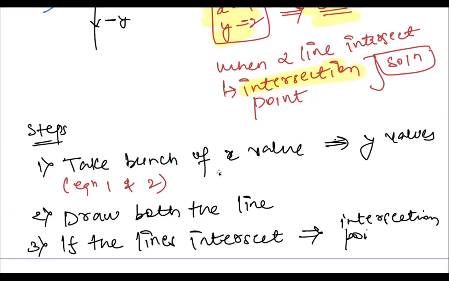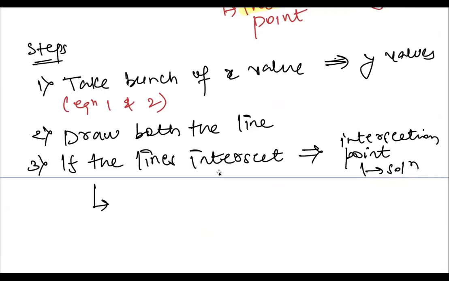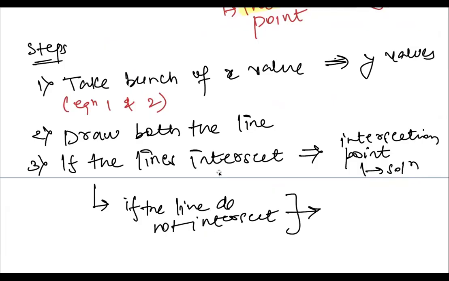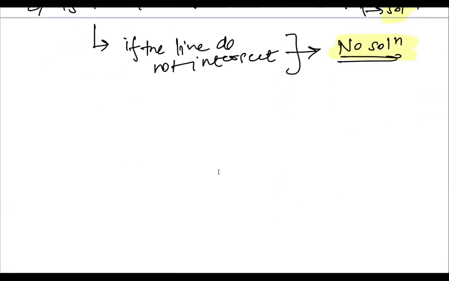And if the lines do not intersect, then there is no solution for the linear equations. If the lines are not intersecting, it means there is no solution, and if the lines are intersecting, the intersection point is called the solution. Now just imagine, this was still easy. Let's take an example.